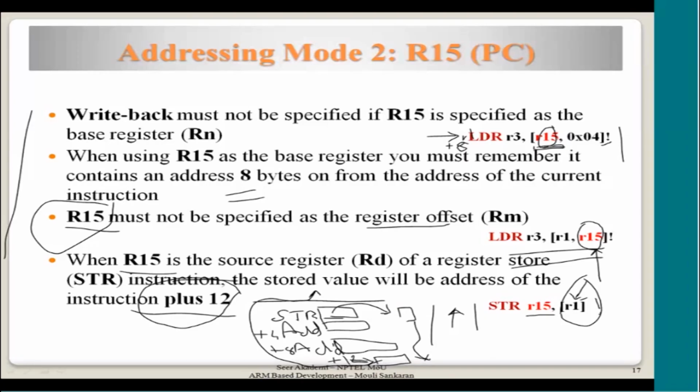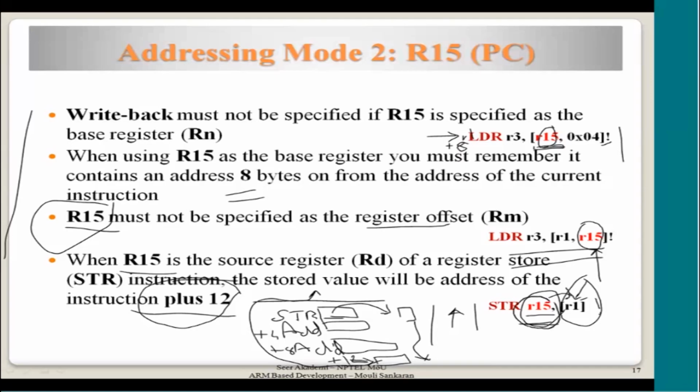It is only a special condition where R15 is used, because none of the other registers' contents would have been modified because of any pipelining operation. But R15 is a unique thing because it gets incremented automatically. So if you use that value to be saved into some memory address, you access R15 only in the late part.